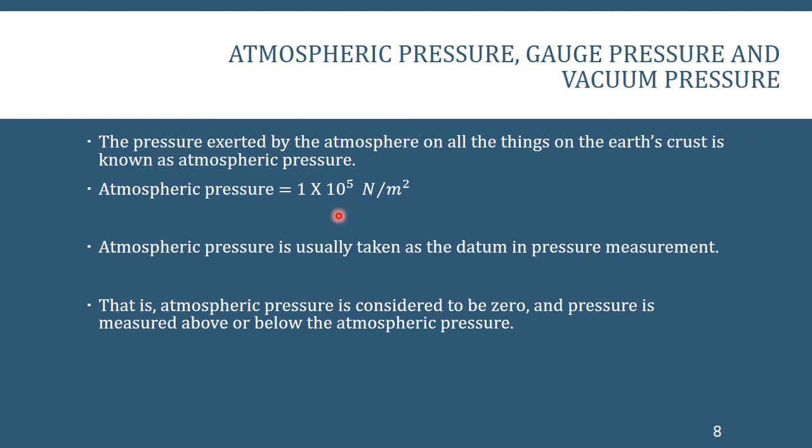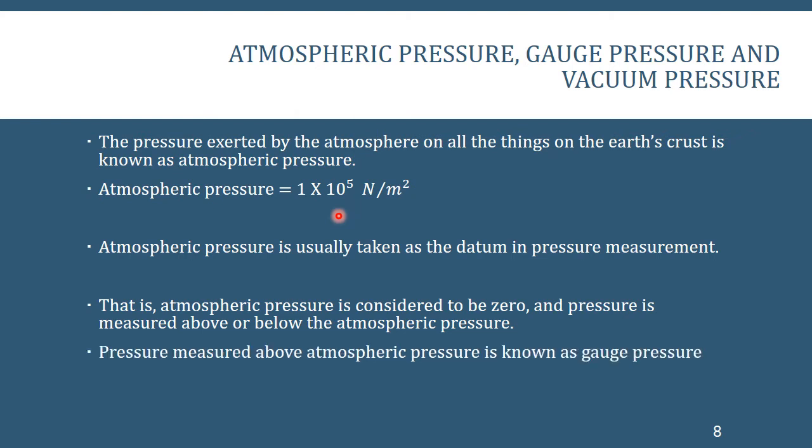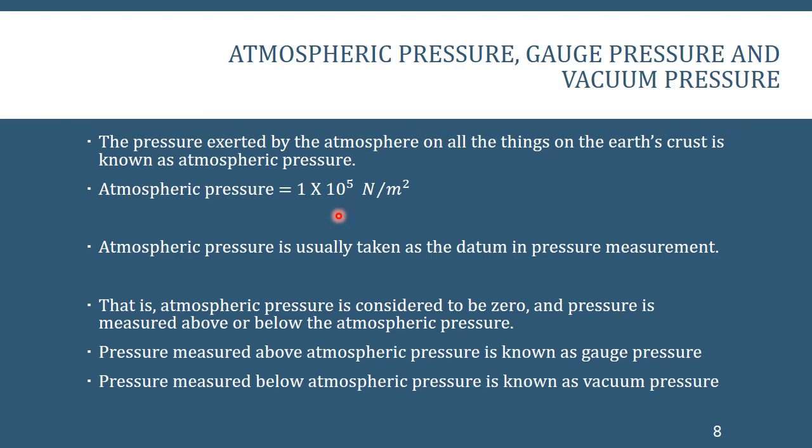Similarly, atmospheric pressure is taken to be 0 even though it is not, and pressure is measured above atmospheric pressure or below atmospheric pressure. So when pressure is measured above atmospheric pressure, that type of pressure is called gauge pressure. And when pressure is measured below atmospheric pressure, that type of pressure is known as vacuum pressure.